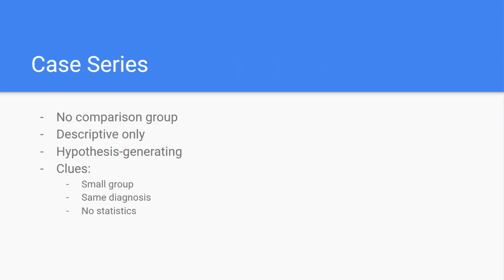So let's start with the case series. I feel like the case series is definitely the most simple study design, and it just involves describing a group of patients who all have the same disease or condition. There's no comparison group, no control group, and no statistics such as odds ratios or relative risk.